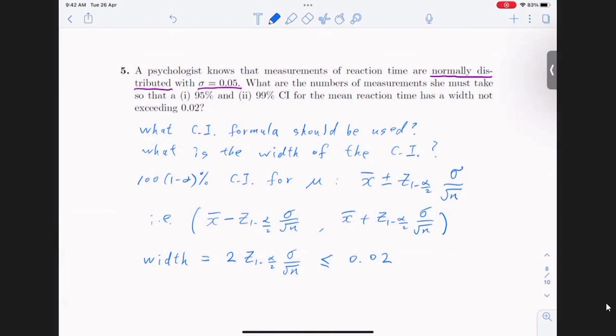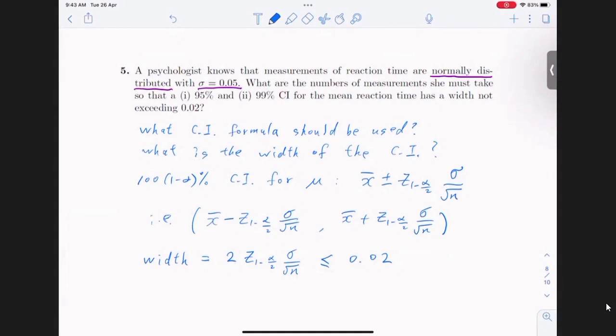But the question is not asking for this one. It says that we want the width of the confidence interval to be no greater than 0.02. So based on this interval, the width is simply the distance from this point to this point, or in other words, subtracting this number from this number.